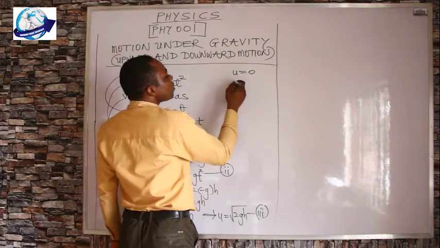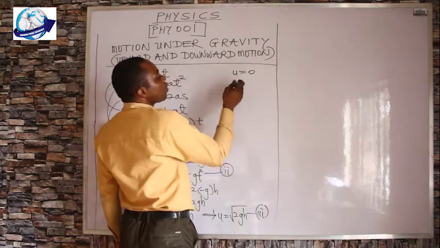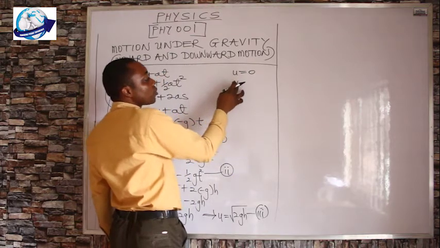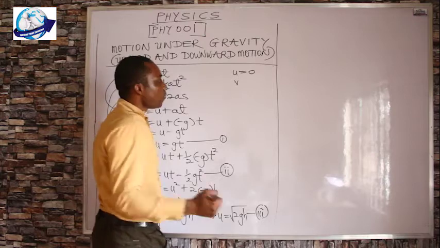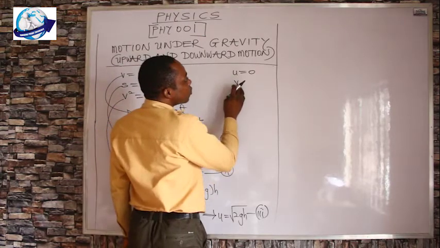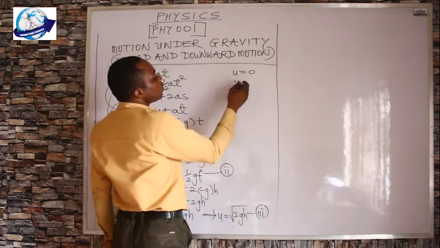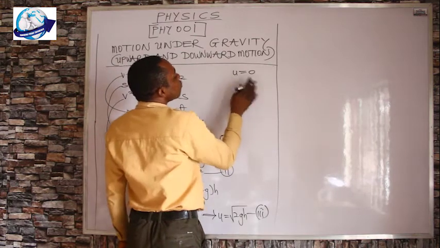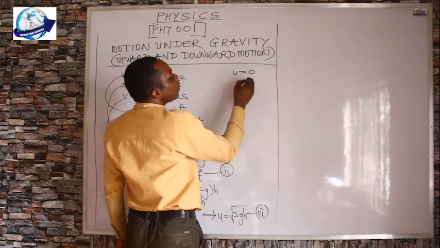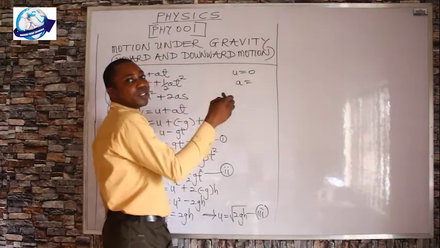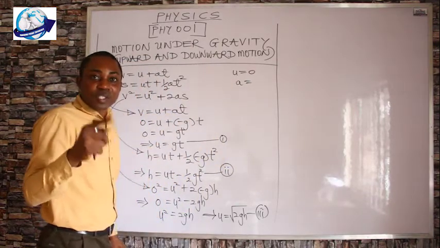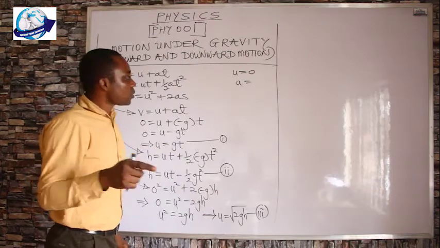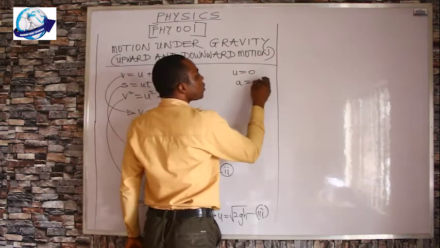The final velocity cannot be equal to 0, because it gets to the ground with a full force. It was not retarding. Then we have to understand that our acceleration due to gravity will be positive, because it is in line with the direction of gravitational acceleration.